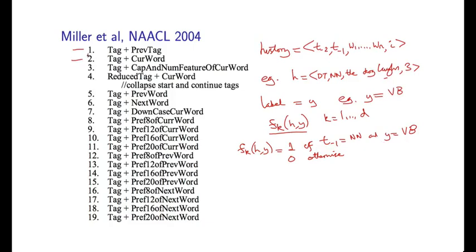We have features which look at the tag and the current word. So this would be a feature such as f_k(h, y) equals 1 if w_i equals laughs and y equals VB, 0 otherwise.